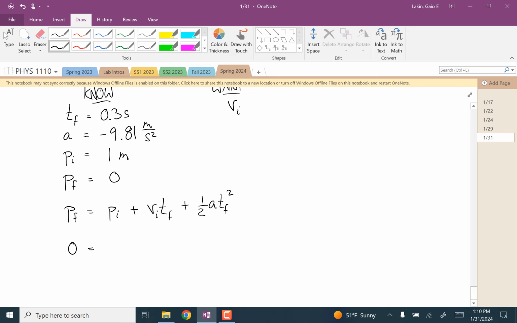So 0 is equal to 1 plus 0.3 times VI plus 1/2 times negative 9.81, that's negative 4.905, times TF squared.